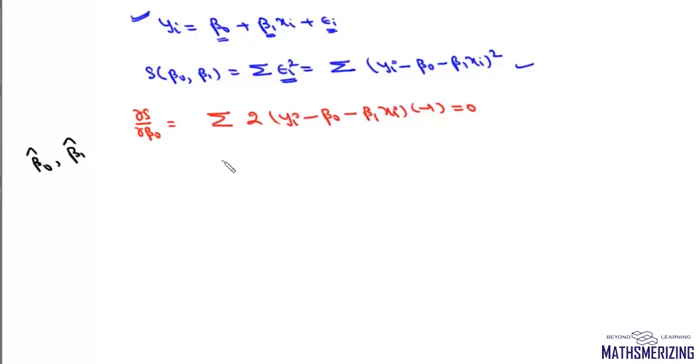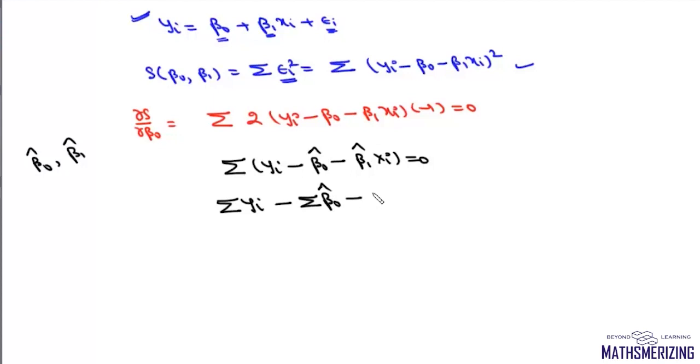So from here we can write this summation yi minus beta naught cap minus beta 1 cap xi, it must be equal to 0. Now we can write this as summation yi minus summation beta naught minus, we can take beta 1 cap common, and then it will be summation xi, equal to 0.